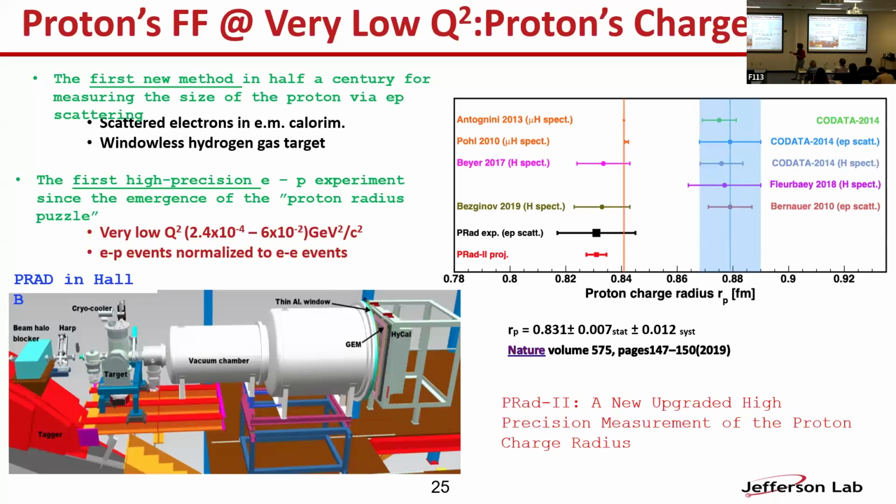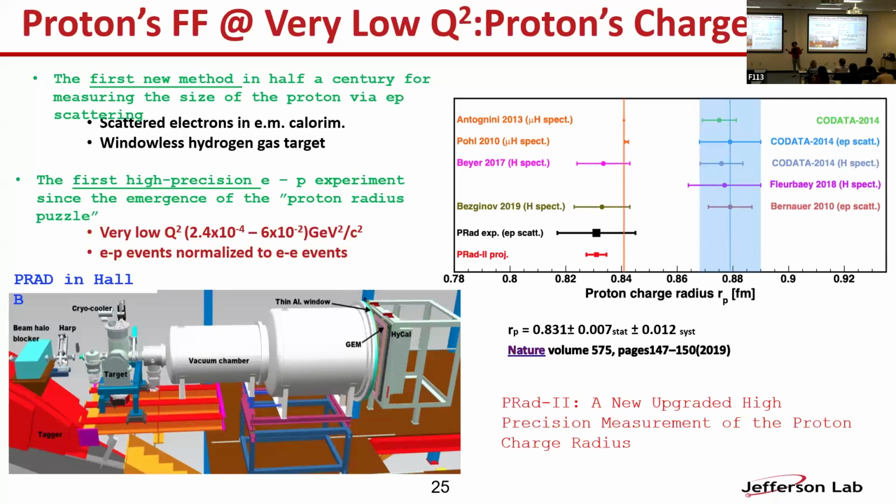The result of our proton radius experiment confirmed the muonic results. But we didn't solve the puzzle, because after our experiment, two other experiments using hydrogen spectroscopy also obtained the same measurement as muonic hydrogen and our electron scattering measurement.